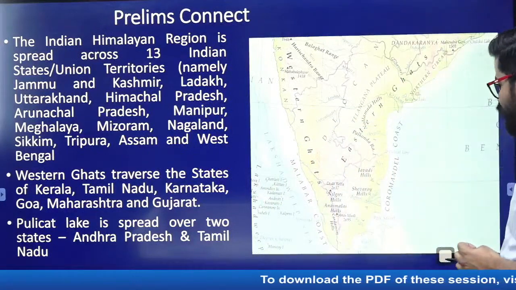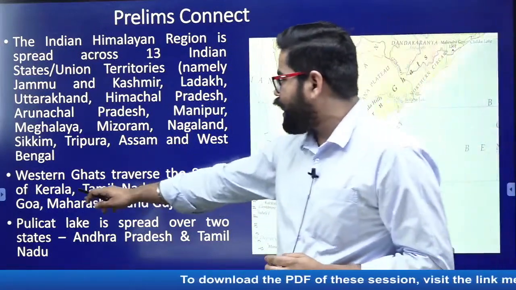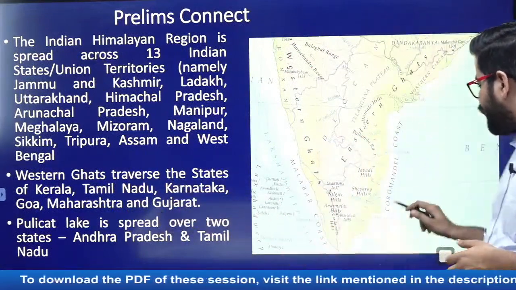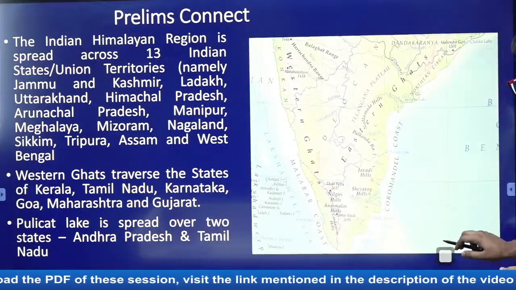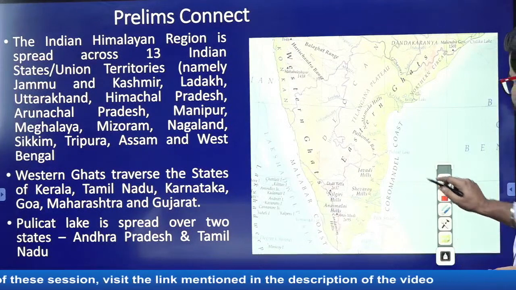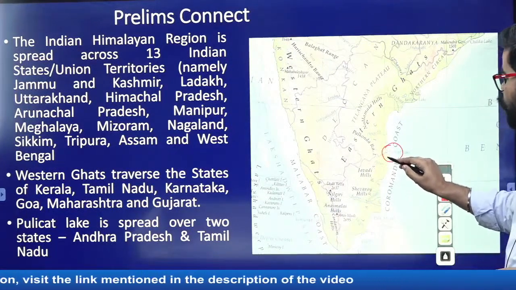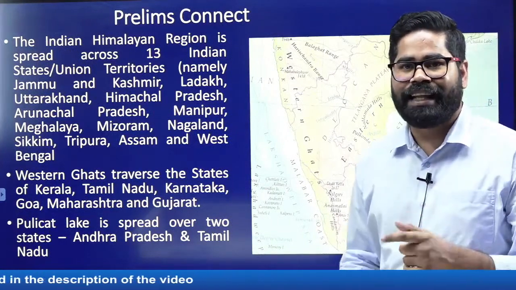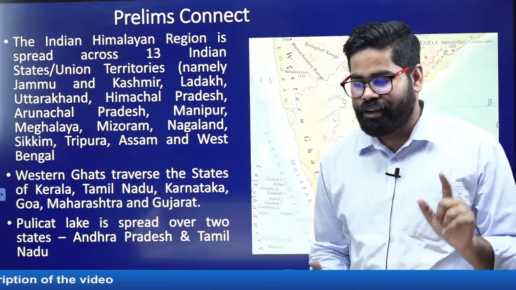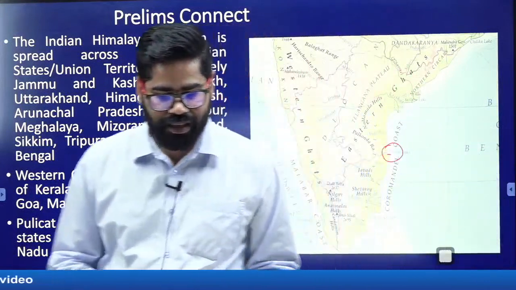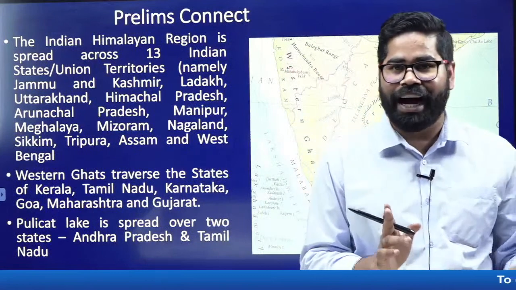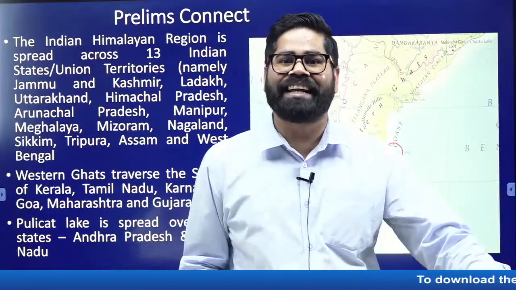Now if we talk about the Western Ghats, we have already seen that it spreads over these states, and Pulicat Lake, you can see in this image, we have the Pulicat Lake here at the border of Tamil Nadu and Andhra Pradesh, okay. So Pulicat Lake is spread over 2 states. And now see, Tamil Nadu is part of the Eastern Ghats also, and the Western Ghats also extend into this region.